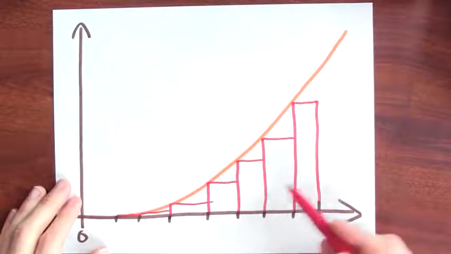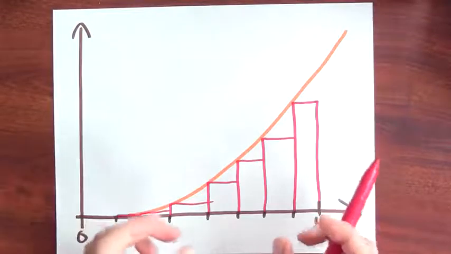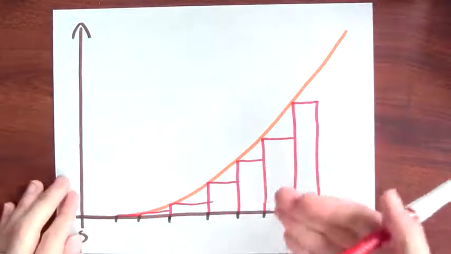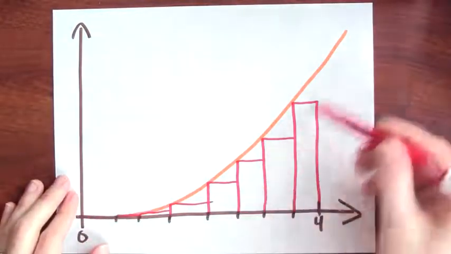And by taking more and more rectangles, thinner and thinner, I'll get an increasingly good approximation to the true area under this curve.